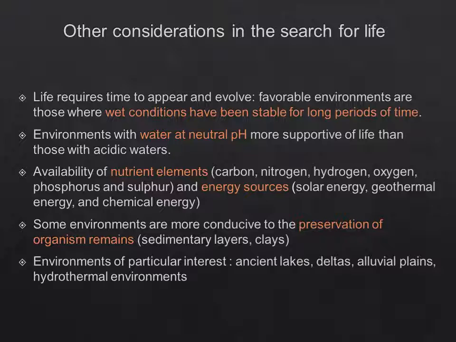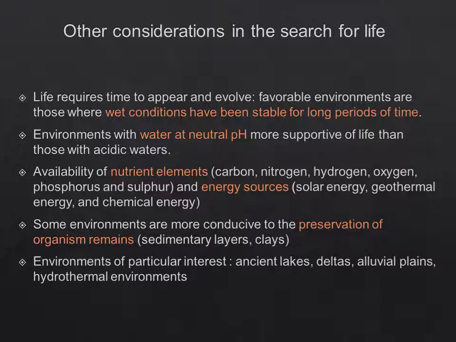And some environments are also more favorable to preservation of organism remains, so we have more chances to actually find them. Those environments are in particular sedimentary layers and places that have clays.